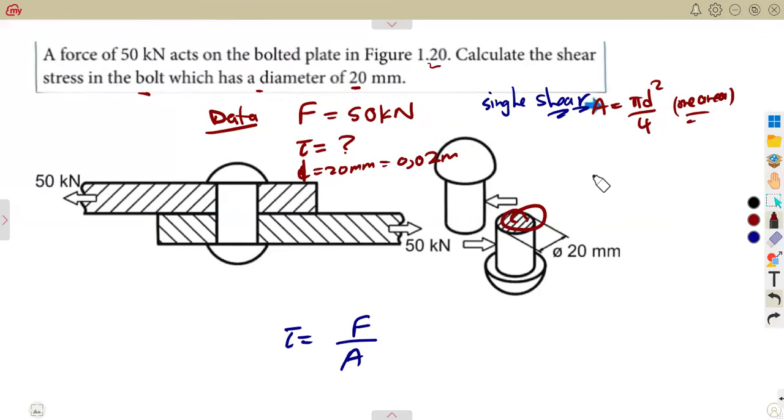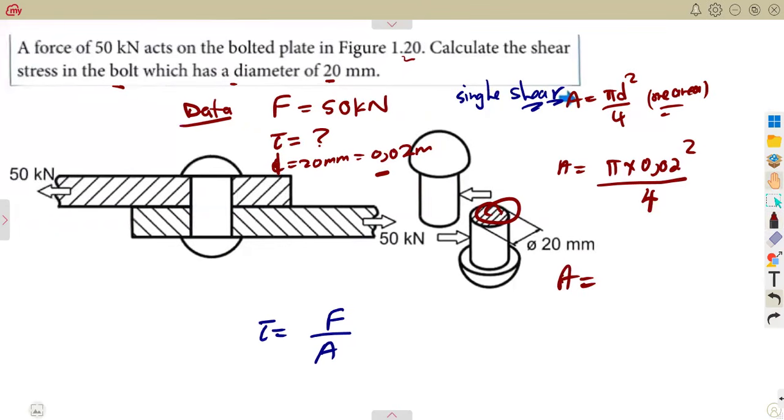You can even just substitute there, or you can calculate your area aside: pi times the diameter, that's 0.02 squared, over what? Over 4. This was going to give us our area, 0.003141596, something like that, in square meters. So you can just round off.